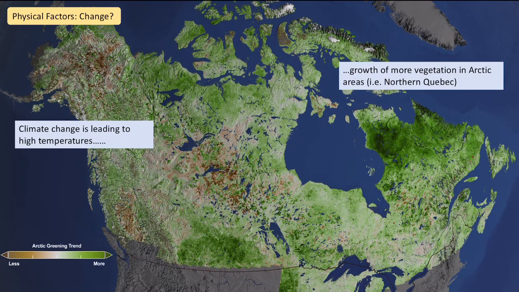As temperatures go up, there are better temperatures for vegetation to grow. And we see this dark area in northern Quebec, which has seen an increase in greening since temperatures have started to rise. We don't know the full extent of that and how that will affect the water and carbon cycle, but it is something that is interesting and will change those cycles in some shape or form.